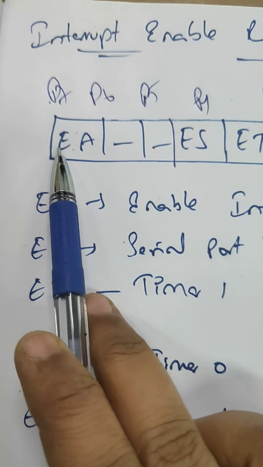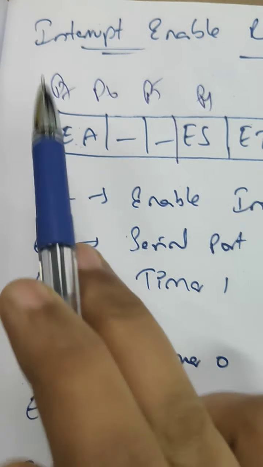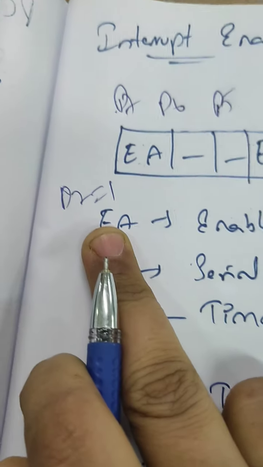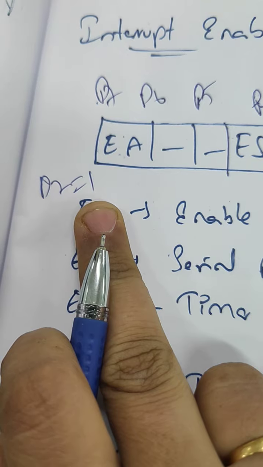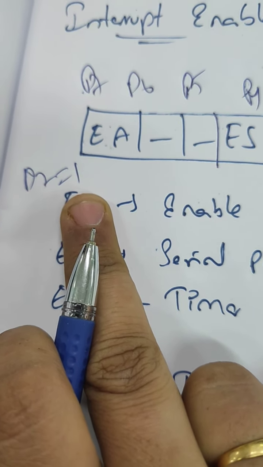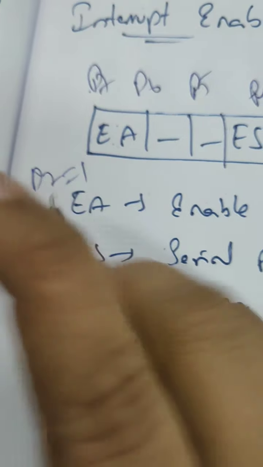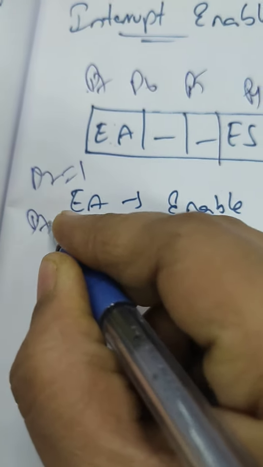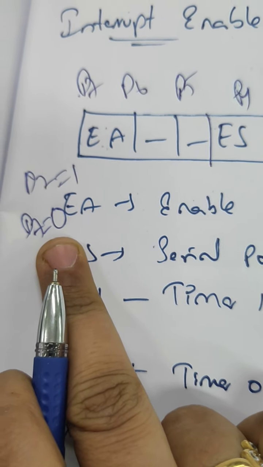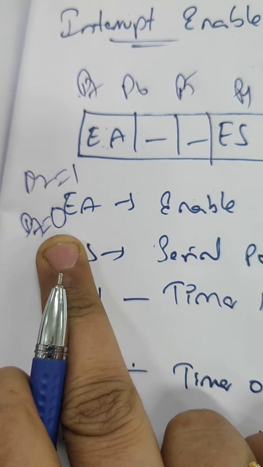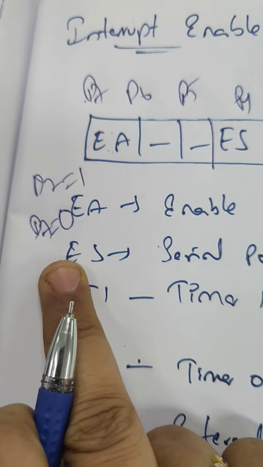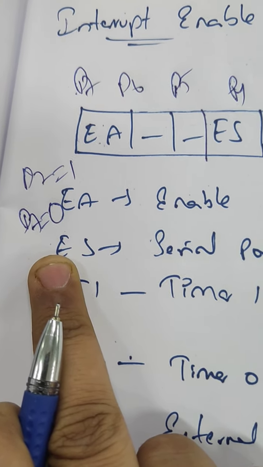If the D7 bit is 1, we say it is an enable interrupt. Otherwise, if the D7 bit is 0, we say it is a disable interrupt. When this bit is set to 1, it is an enable interrupt. When this bit is set to 0, it is a disable interrupt.